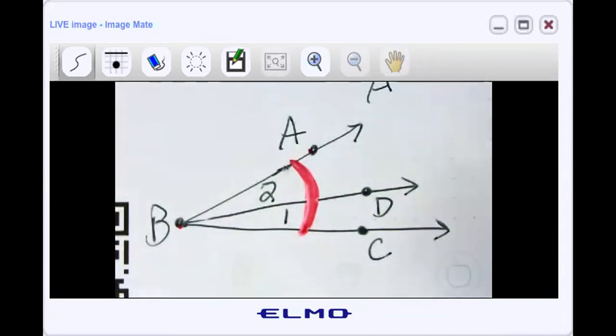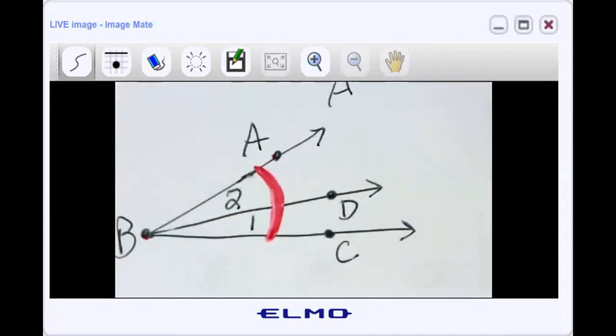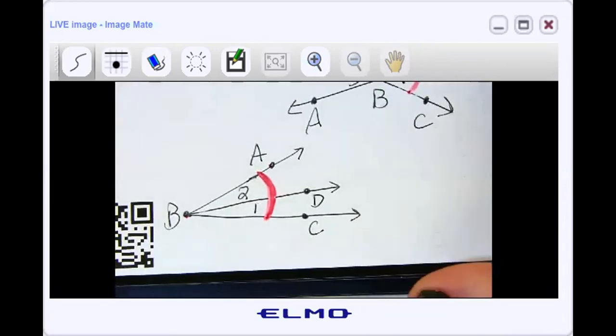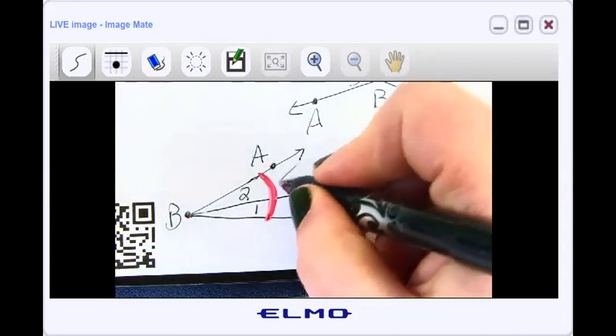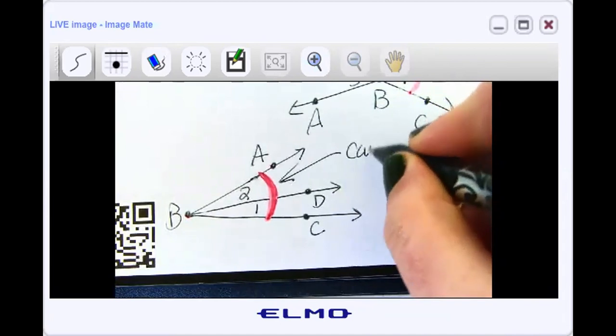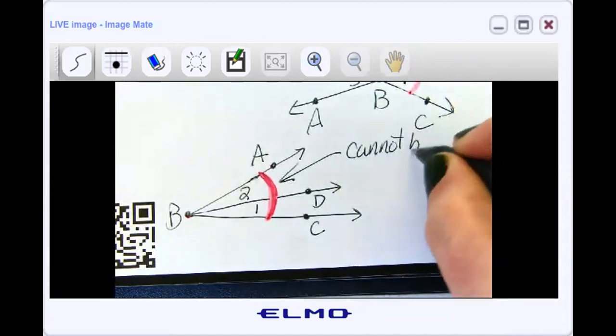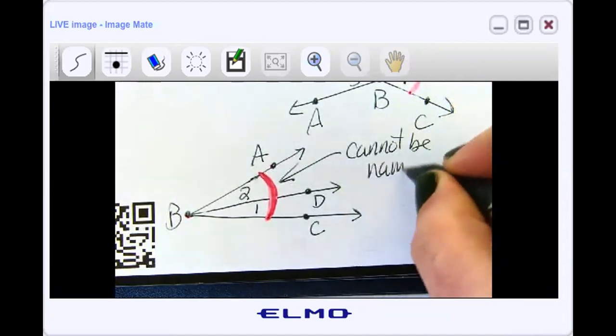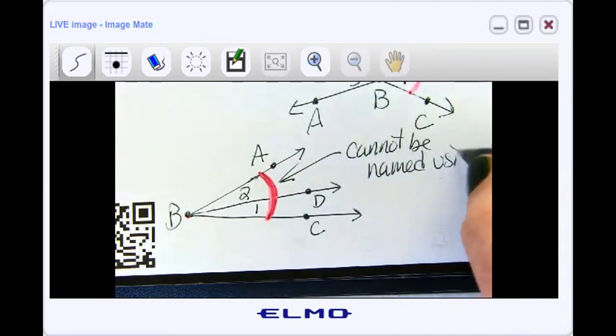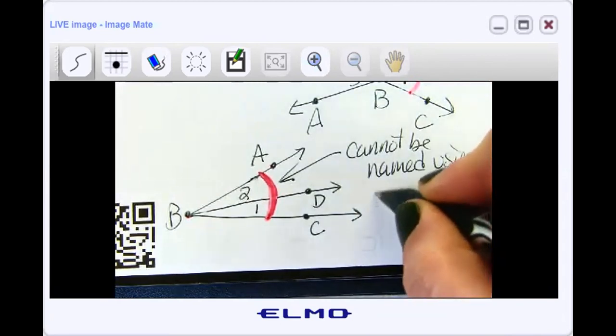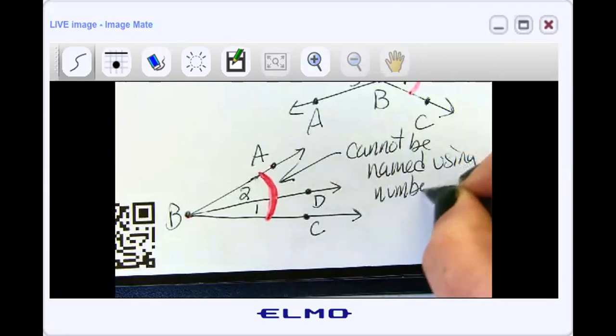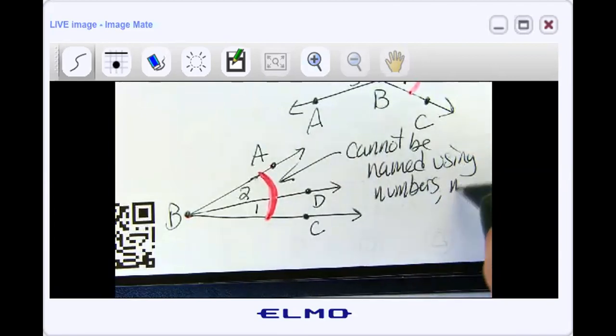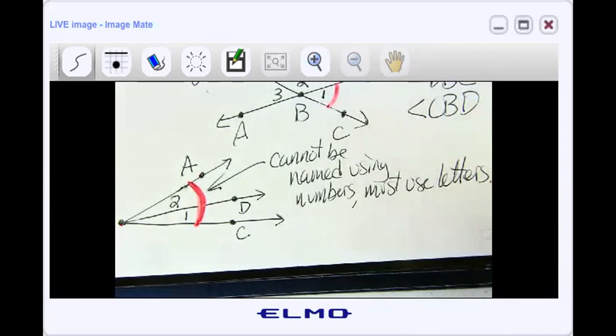All right, so let me just write this in words. That red angle cannot be named using numbers. You must use letters on that one.